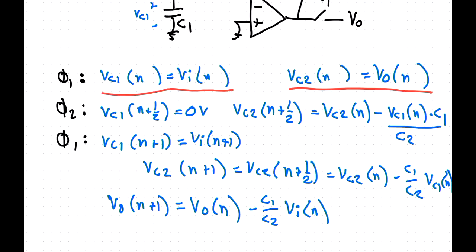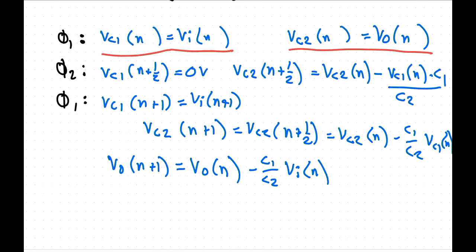So if time n plus 1 is now, then time n was 1 clock period ago. Okay? So this is now. So this is the output voltage delayed by 1 clock period, and the input voltage delayed by 1 clock period. Now, how do we do delay? We multiply by z to the minus 1. Yeah?